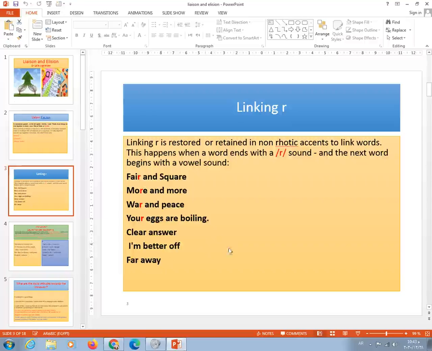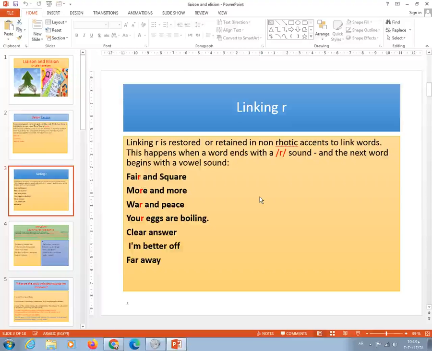So this is the first form of liaison, which is linking R. It happens when we have a word ending with an R followed by another word starting with a vowel. In this case, R is there and it is not dropped, and this only happens in Southern British English or RP.